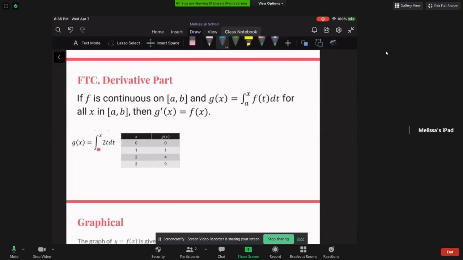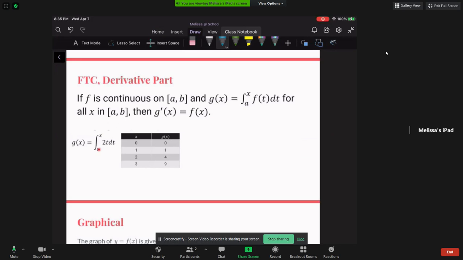All right, so this is one that we actually saw in that first lesson that I did with you guys, which gives us this table. We have this function g of x, the integral from 0 to x of 2t dt, and we filled in this table by creating all those triangles under the line.